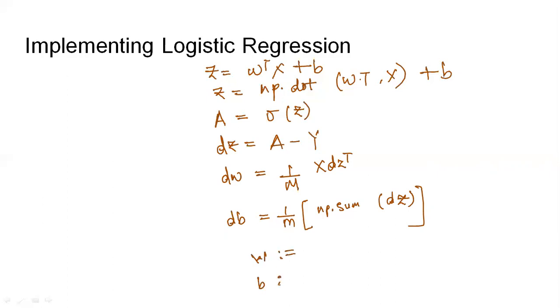The updated version would be w := w - alpha dw, and b := b - alpha db. So these are the parameter update equations that we have written here.